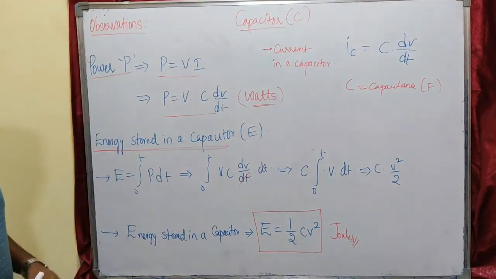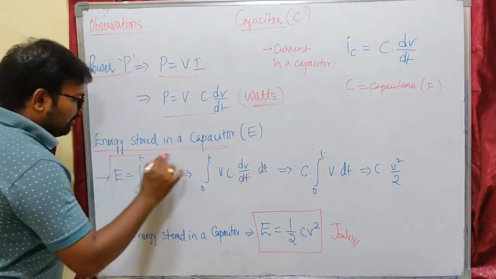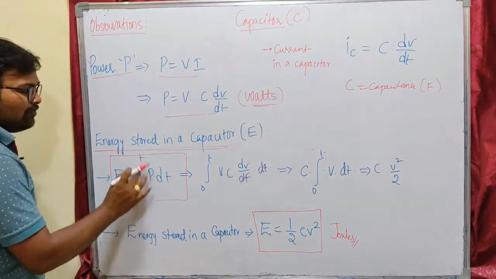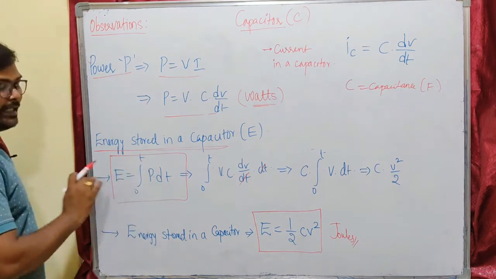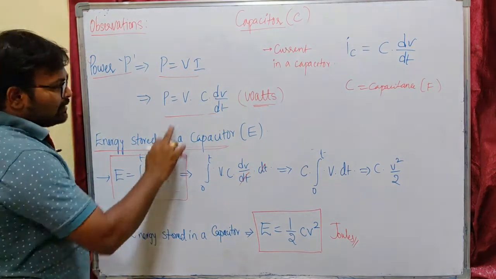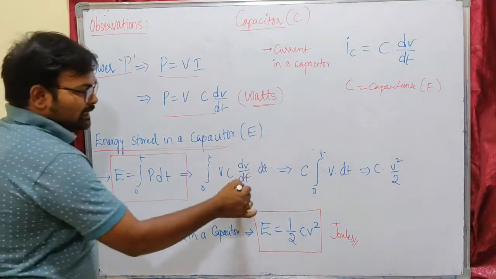Now let us see the energy stored in a capacitor, E. We know that energy is nothing but power over a certain time period. How much power is consumed in some time period is nothing but energy. So in place of P, I am substituting V into C into dV by dt, into dt. The dt will get cancelled.